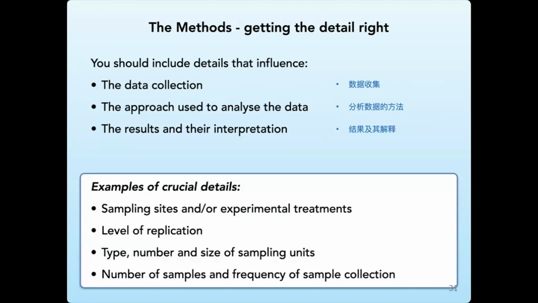So some examples of really crucial details are the sampling, a description of the sampling sites and the experimental treatments. And that might include the type, number, and size of the sampling units, obviously the level of replication, and then, of course, the number of samples, the frequency of sample collection, and then other details such as the instrument that you used, the amount of sample that was then used for further analyses, and so on and so forth.